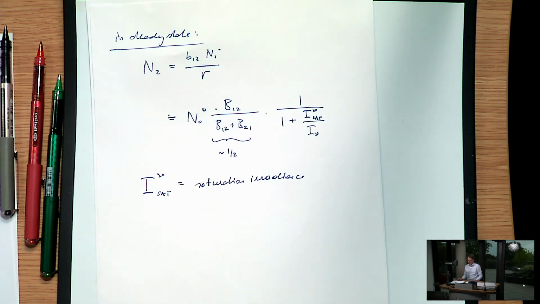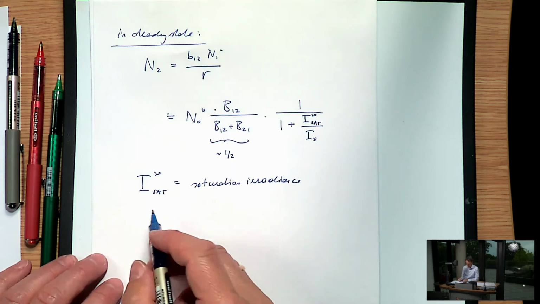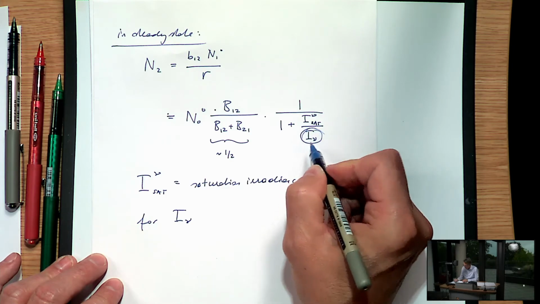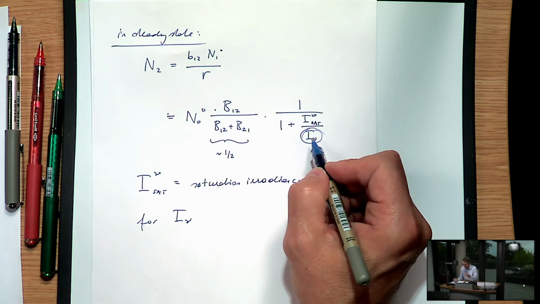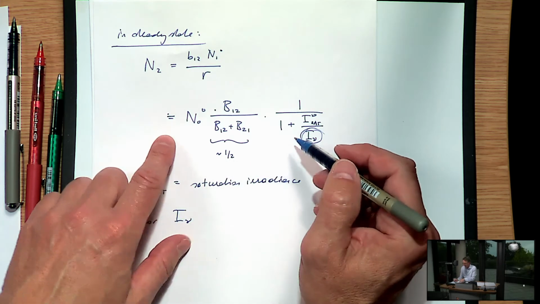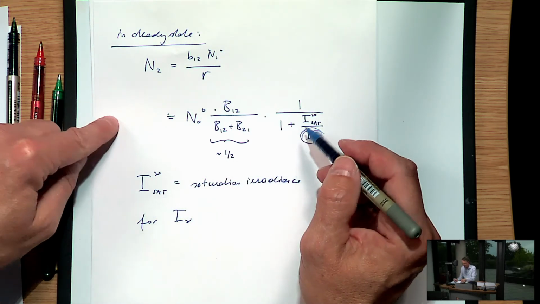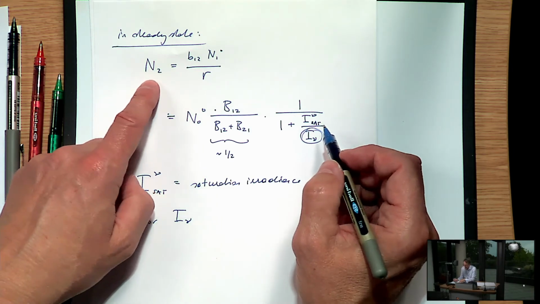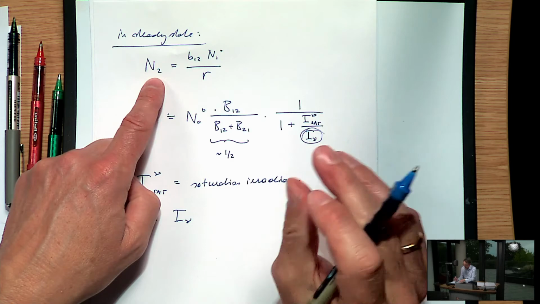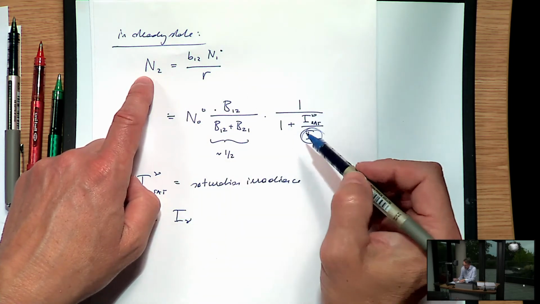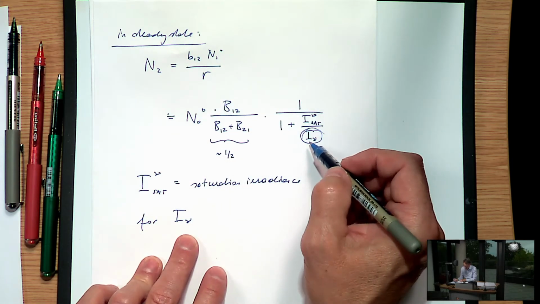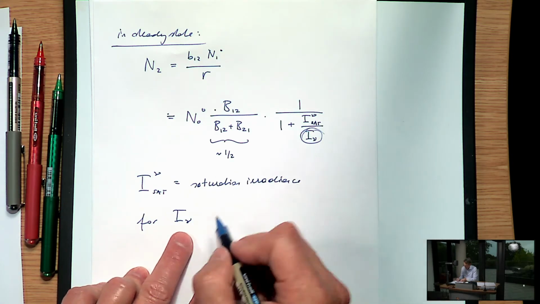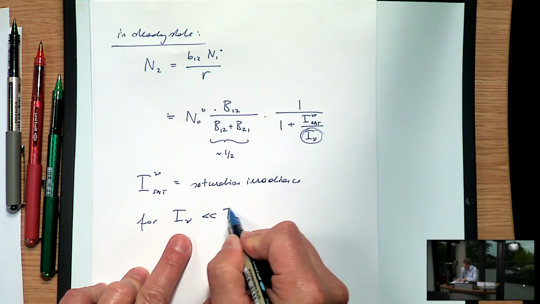And what you see is that for I nu, if the laser power or the light power, if I put a laser beam onto a sample and I would like to know what the steady state population of the upper state is. After a short while, I reach steady state when I switch the light on, and the N2 population will then reach a value that is for I nu much less than I sat.